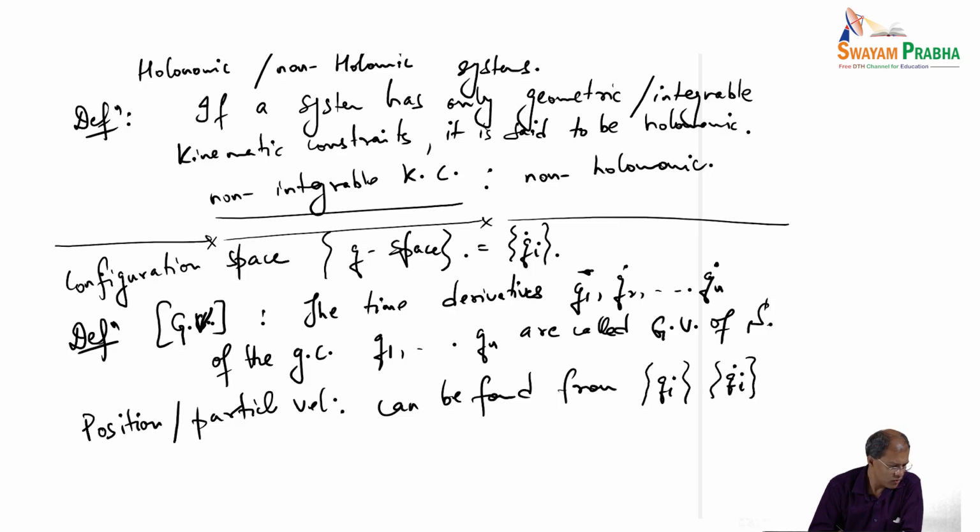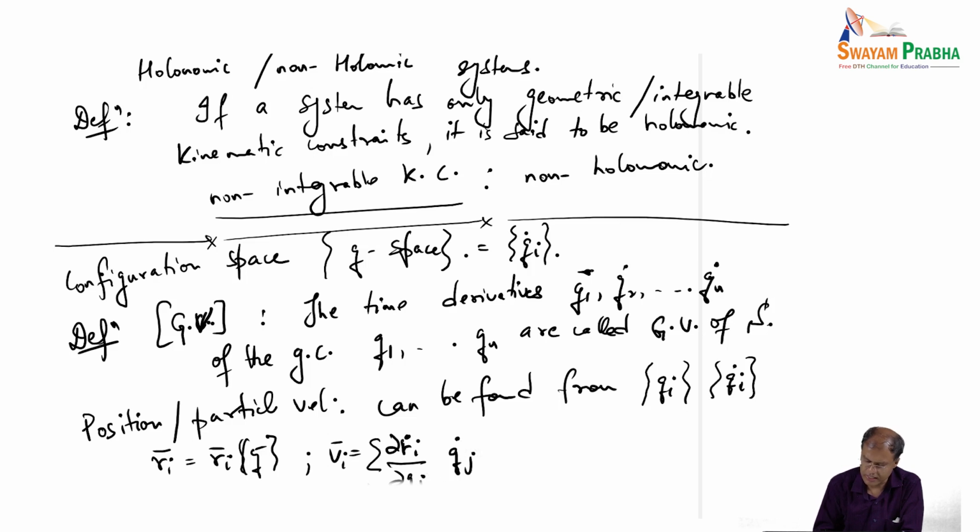So Ri is Ri of Q, and typically Vi will be partial Ri partial t, or this is also in terms of partial Ri partial Qj times Qj dot, summation over j. So in terms of generalized coordinates, we have written the velocity.